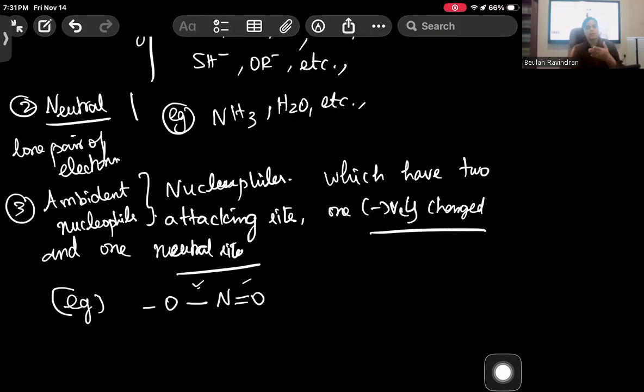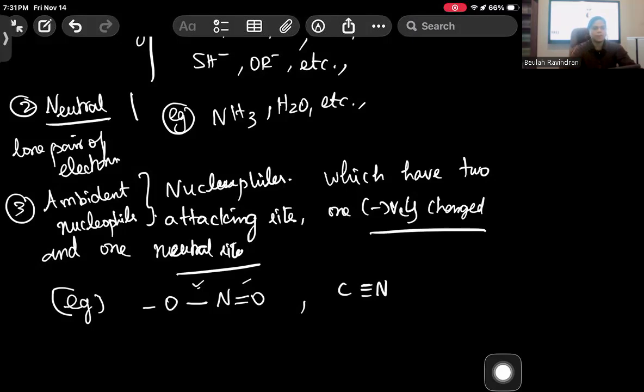So it has lone pairs of electrons. Like this, CN also has two sites of attack, C triple bonded to N. So this is known as an ambident nucleophile. These are the examples.